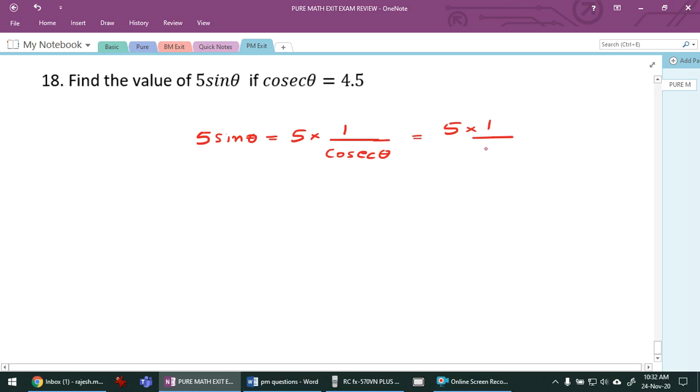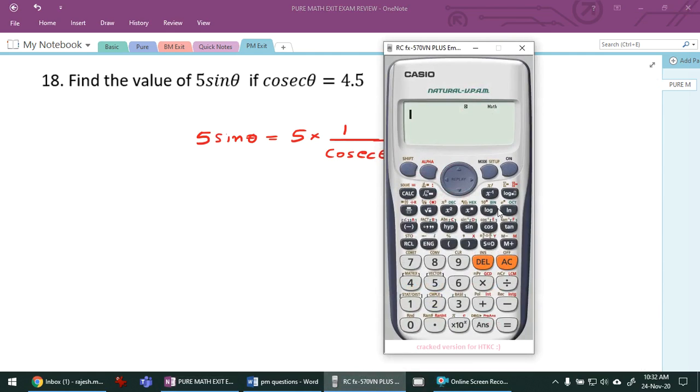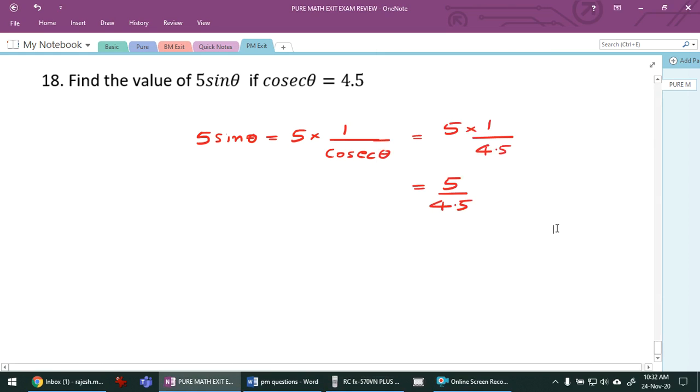It's already given, 4.5. So the answer is 5 into 1 is 5, 5 by 4.5. So we will use calculator. 5 divided by 4.5. Answer is 1.111.